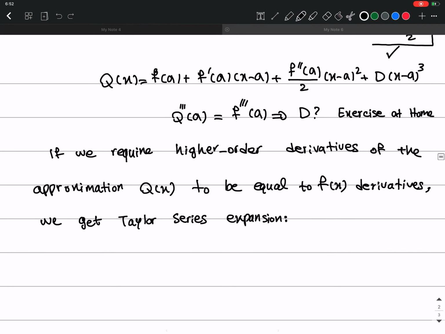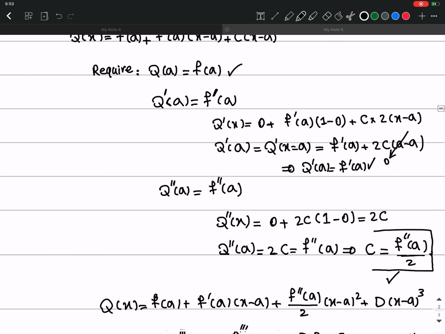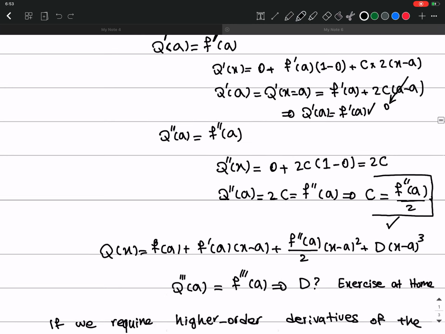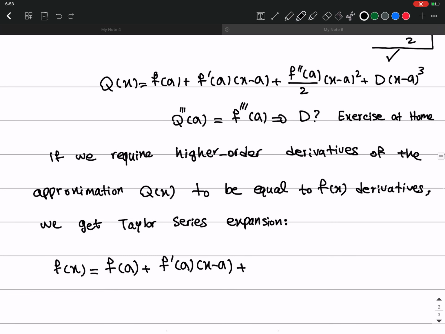I can write the Taylor series expansion: fx can be approximated around point A as the value of f at point A, plus f prime, the first derivative at A, times x minus A, which is what we have here, plus the third term that we found from here, the C, which is f double prime A over 2 times x minus A squared.